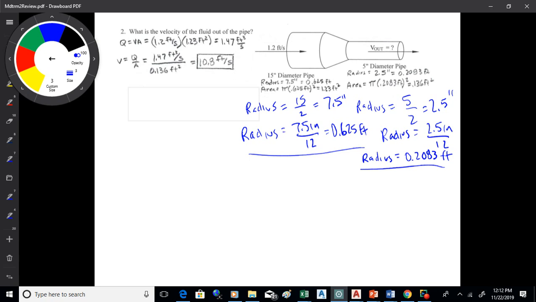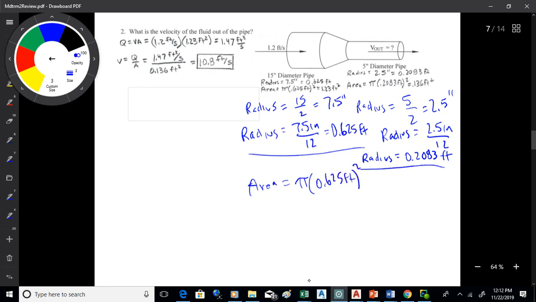Once you have that, you can find the area. That would be pi times 0.625 feet squared, and this would be pi times 0.2083 feet squared. You can get the area of each side of the pipe.